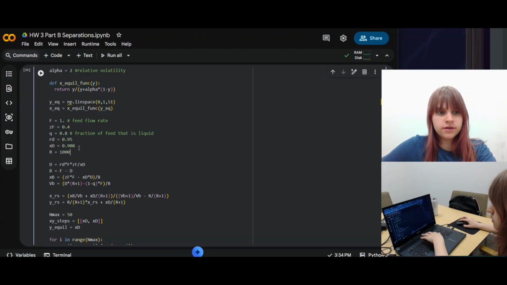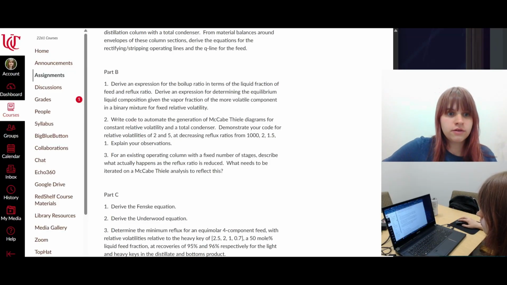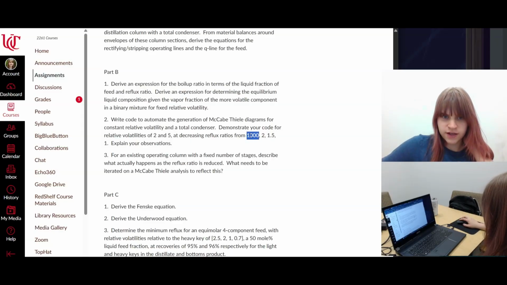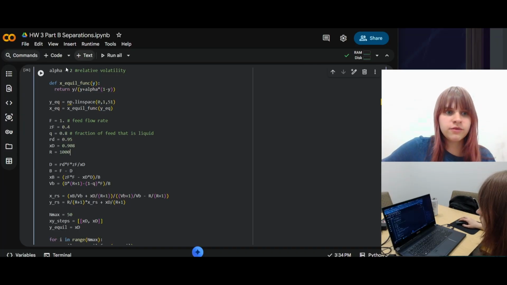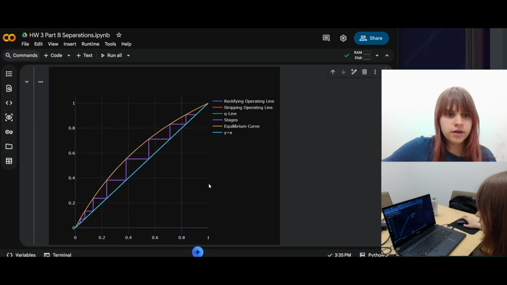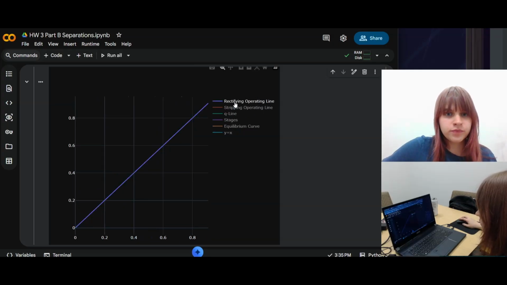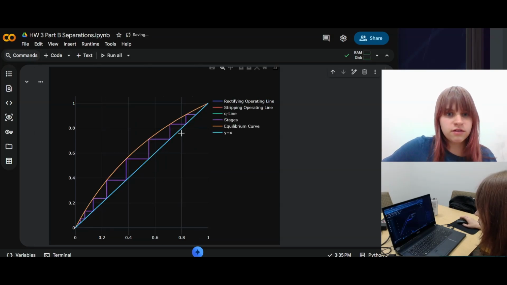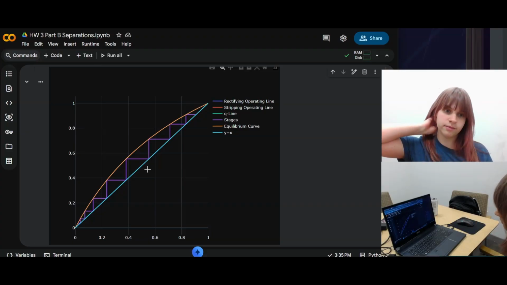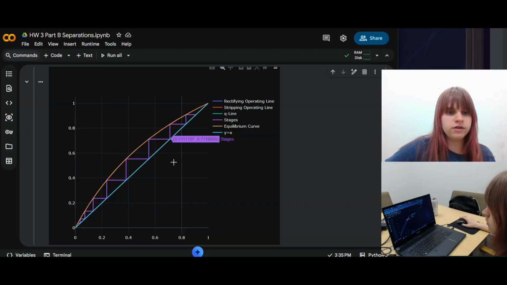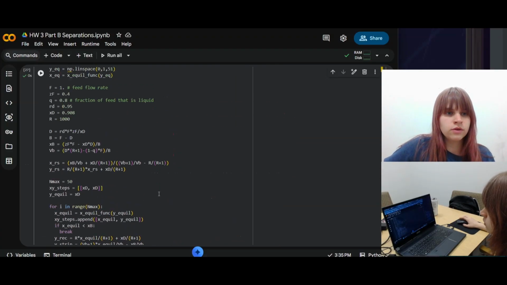And then just to make sure I cover all the bases, if I had 1000 as my reflux ratio, it's so high that the stripping line and rectifying lines are actually perfectly against this Y equals X curve. And so this would be, in an ideal world, our ideal number of stages.